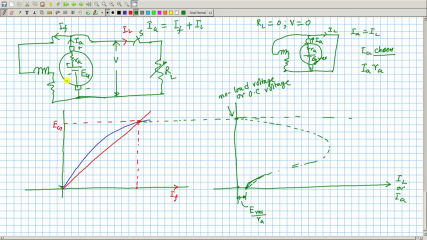This is V. Suppose you assume, okay, IA is chosen and the terminal voltage at that time is found to be, this is very crucial, V. So, I have chosen IA and suppose the terminal voltage is V.